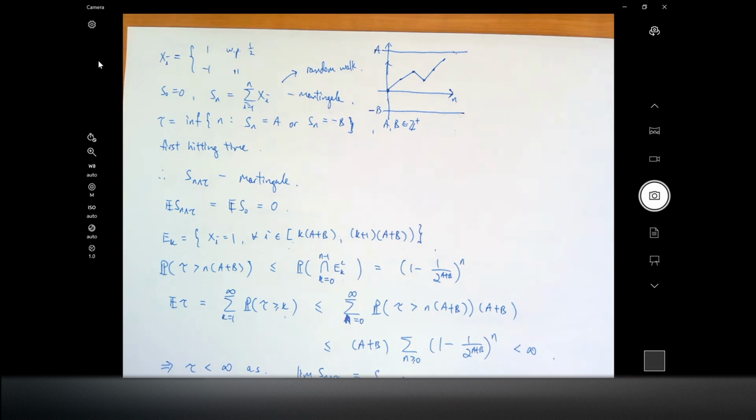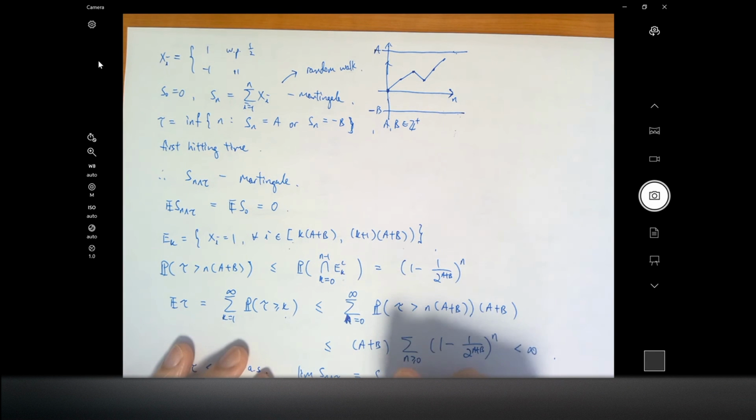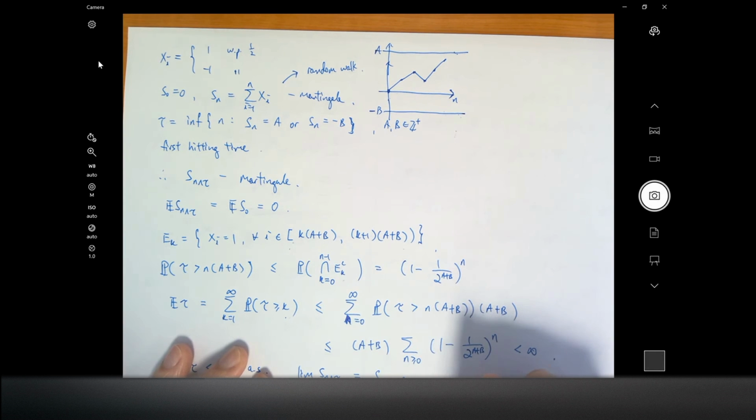It will be either A or minus B. So in any case, this guy will be smaller than the max of A and B. Okay, so this is bounded.